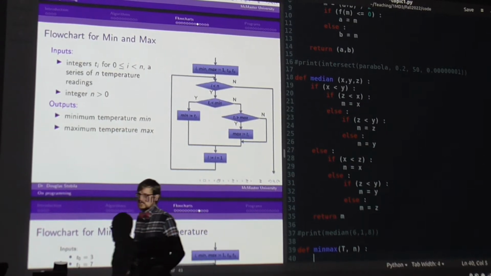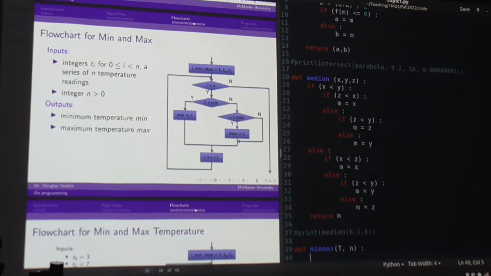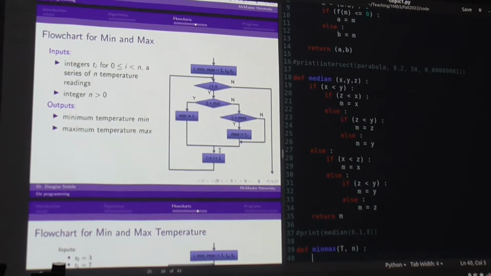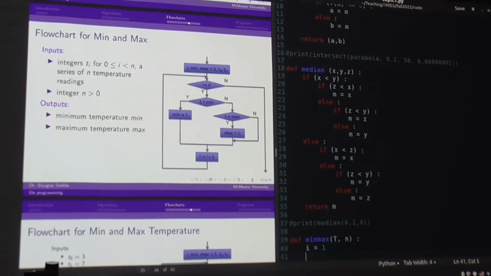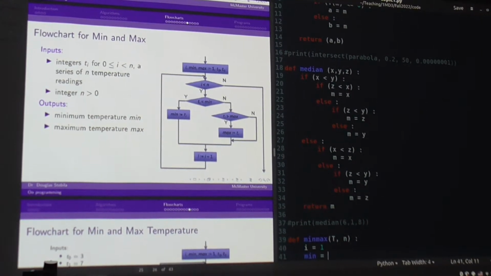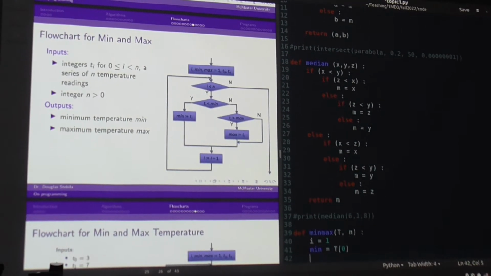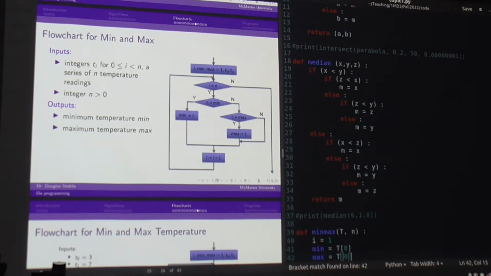However, to keep consistency with this flowchart, I'm going to just take n as an input in this case, right? So, first things first, i is equal to 1, min is equal to the first element. The way that you denote the first element is using angle braces.